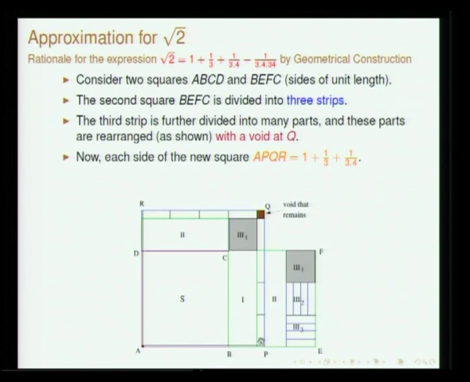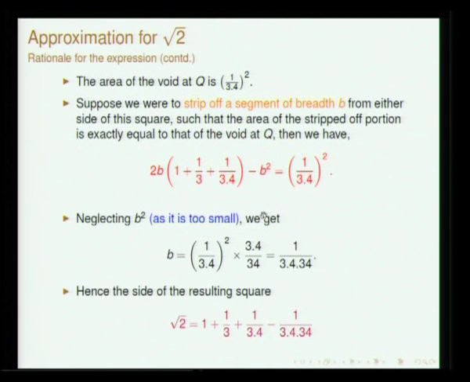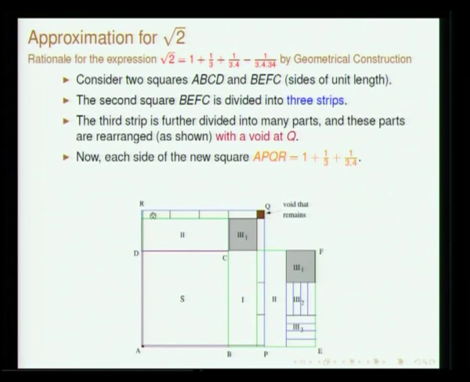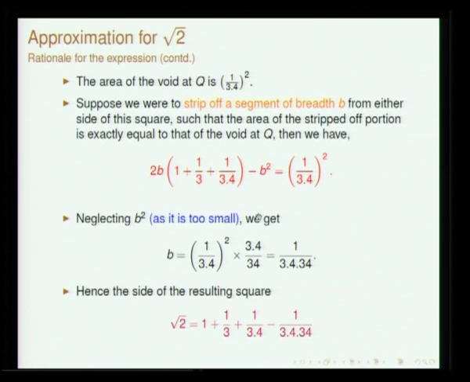This portion is 1/3 into 4, because 1/3 of it is divided into 4, and that is this distance. So, the area of this void is (1/3 into 4) square. I remove a small strip so that this small strip corresponds to this area. This is how I pose the problem.